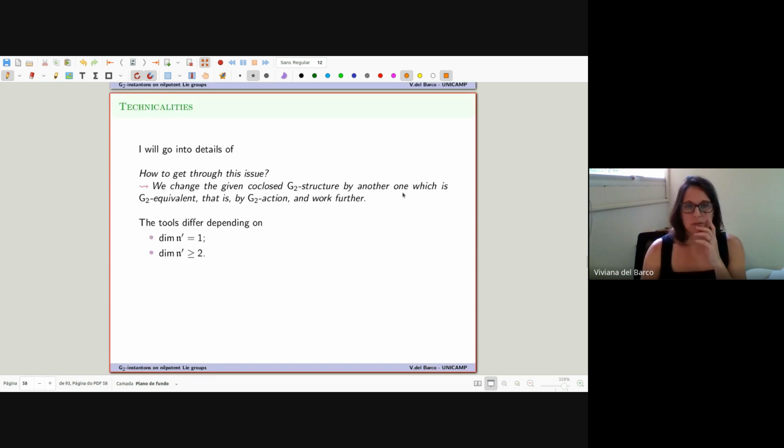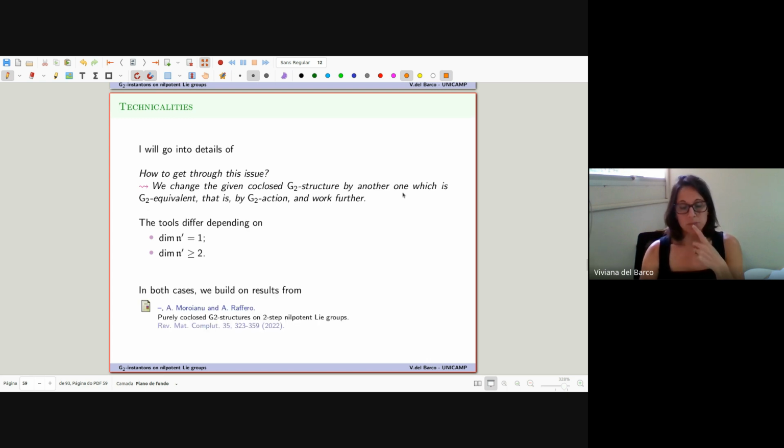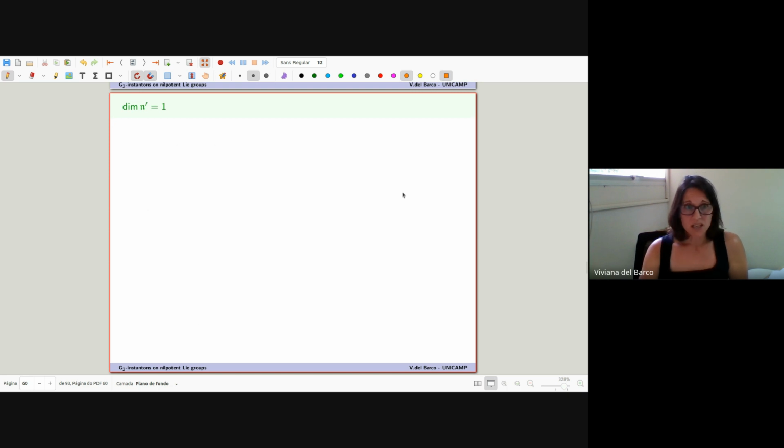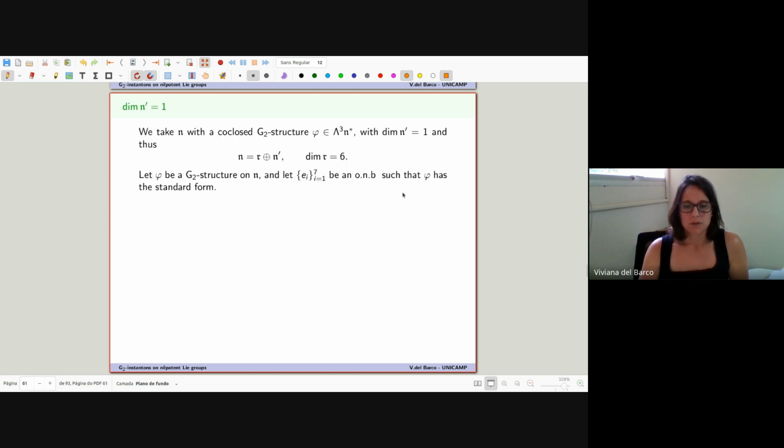As I said, the tools will depend on the dimension of n prime. And in both cases, we build on previous results obtained by Moreno, Raffero, and myself a few years ago, published last year. So let me first say a few words about the case n prime dimension equal to 1.